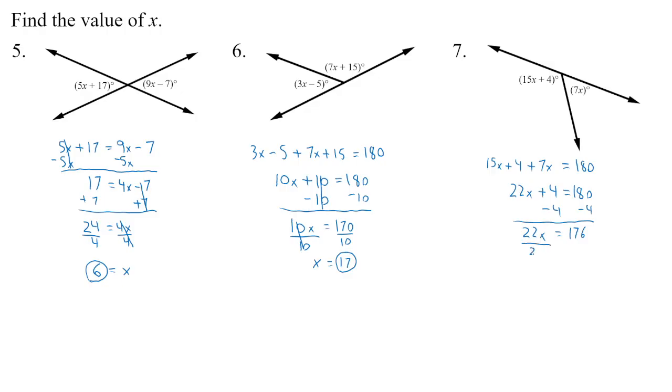We're going to divide both sides by 22. So we have x equals 176 divided by 22. You get 8. And therefore, the solution is 8.